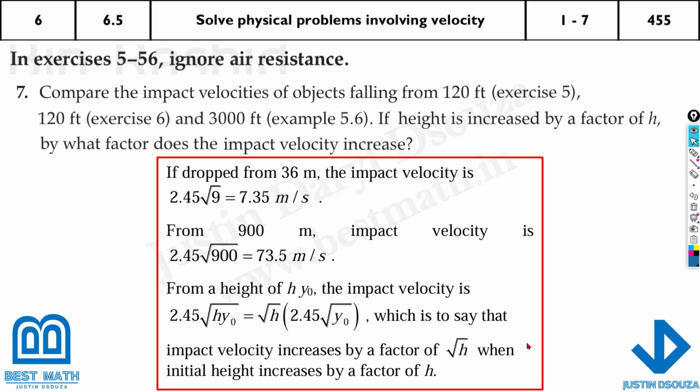But focus on how to solve it. I think they had to write over here 30 feet. It was 30 feet, 120 feet, and an example at 3,000 feet. So if you solve all of them, then you can see it has been increased by a certain factor. You just divide them, just find the ratios, you'll get the factor. You don't need to do all this otherwise.